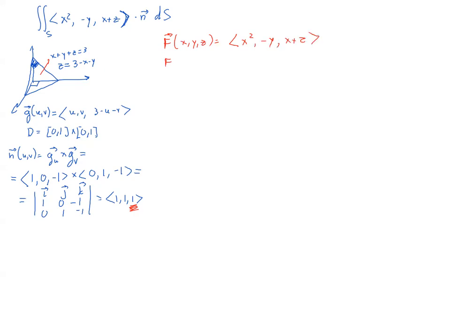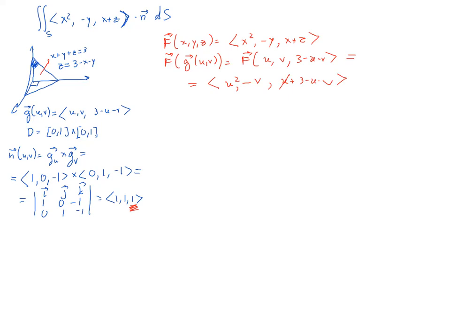This means that if we compose this with a parameterization, wherever we have an x we will put u, wherever we have y we will put v, wherever we have z, we will put 3 minus u minus v. And that will give us u squared minus v, u plus 3 minus u minus v.